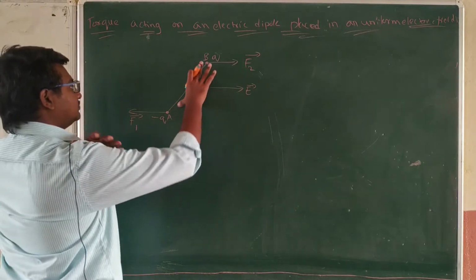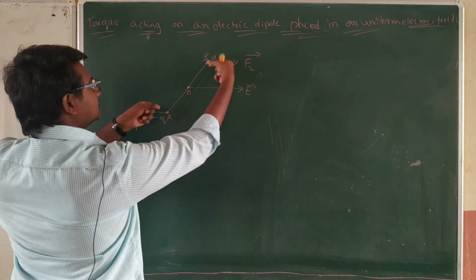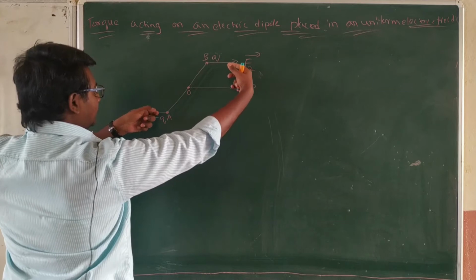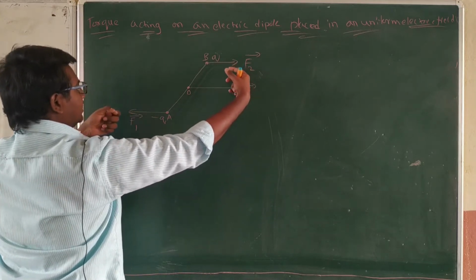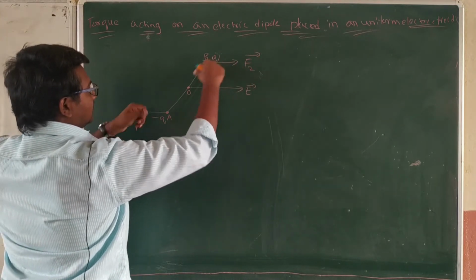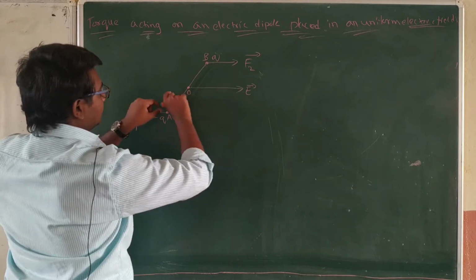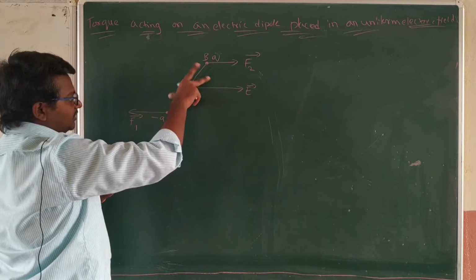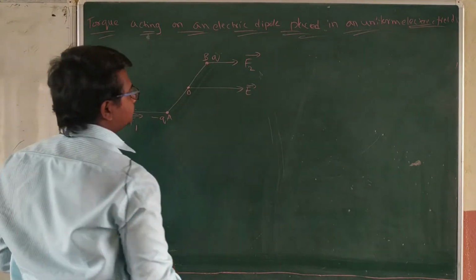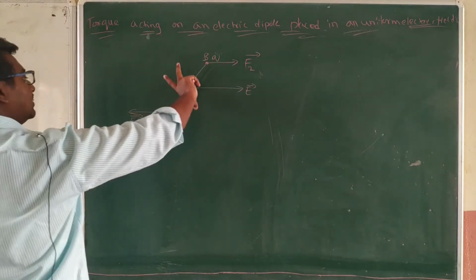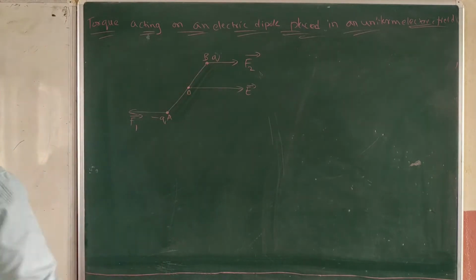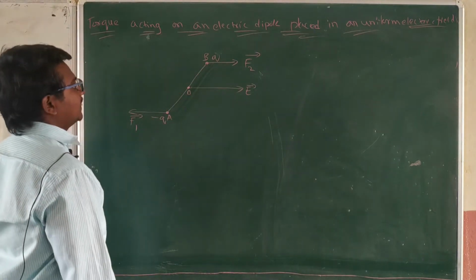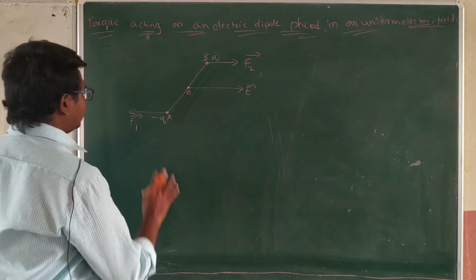Now if you observe carefully, one is pulling towards the left and the other towards the right. Then finally it will come into a horizontal position, right? It means it is rotating in a clockwise manner. Okay, fine. Now we understood this, right?